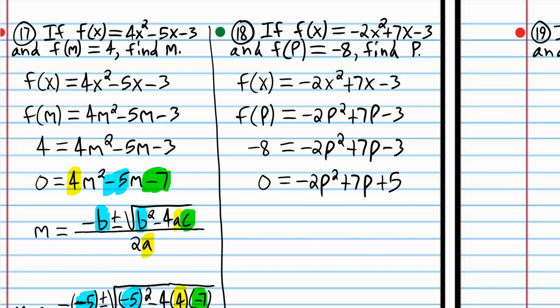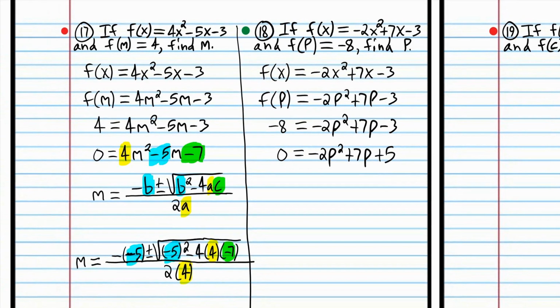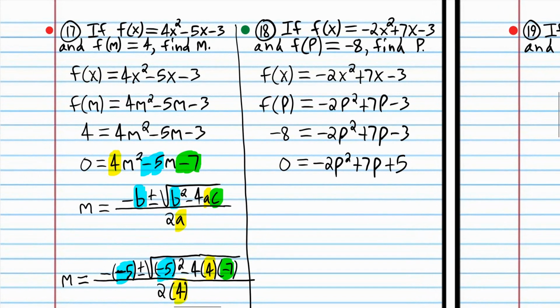Now, normally you would want this coefficient to be positive, but because we're going to use the quadratic formula, it doesn't really matter. So now let's use our quadratic formula.